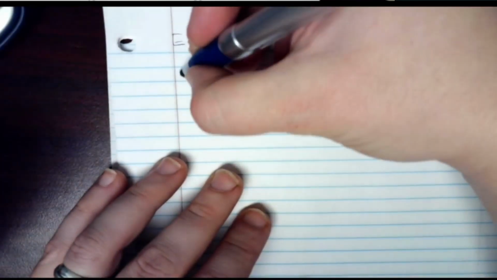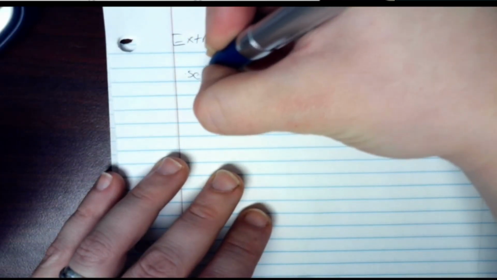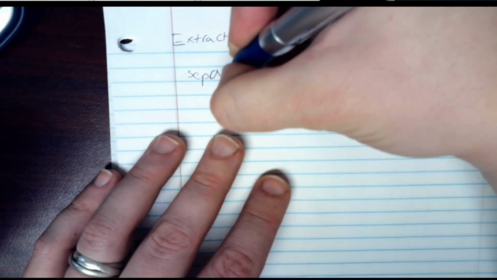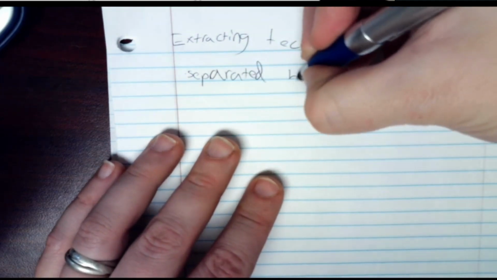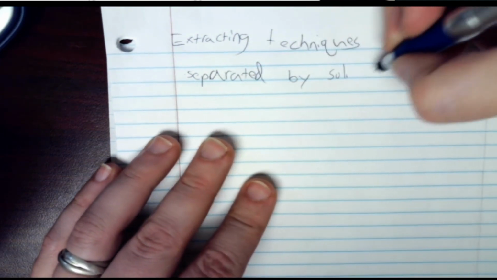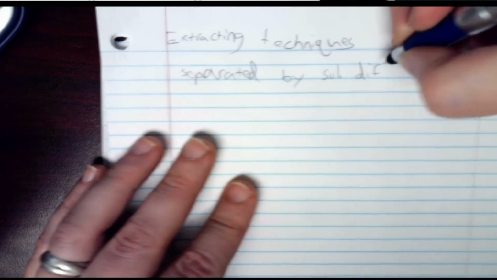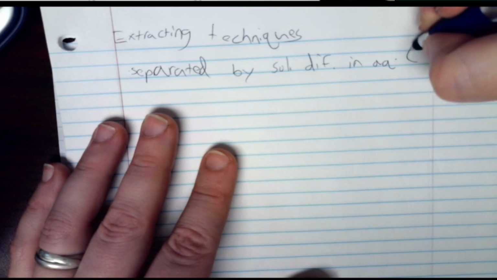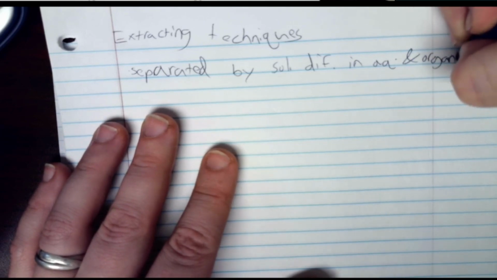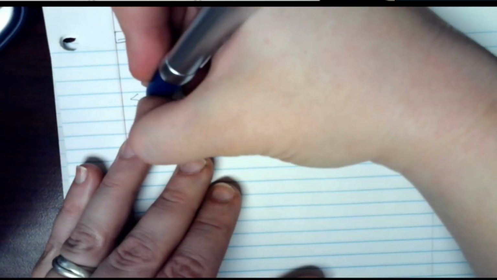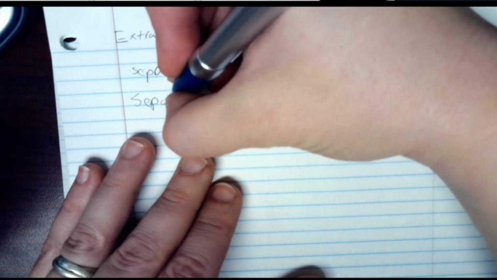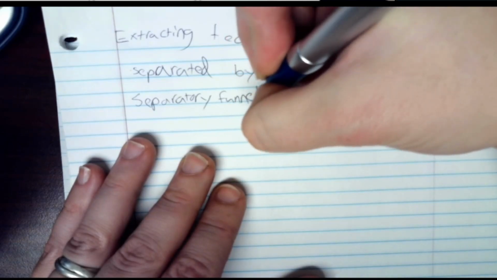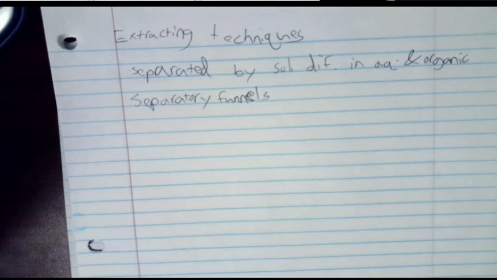We're going to separate things by solubility differences in aqueous and organic solvents. So this is where we're going to bring in the separatory funnels. Do you have to do this? No, but it's one really easy way.